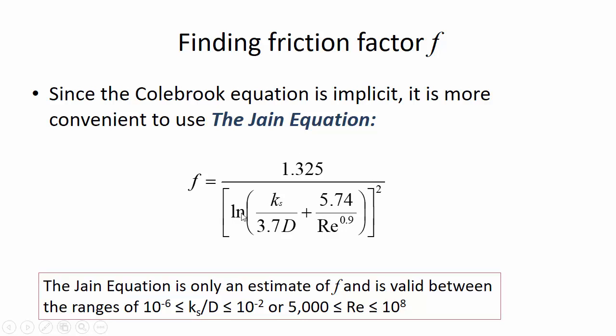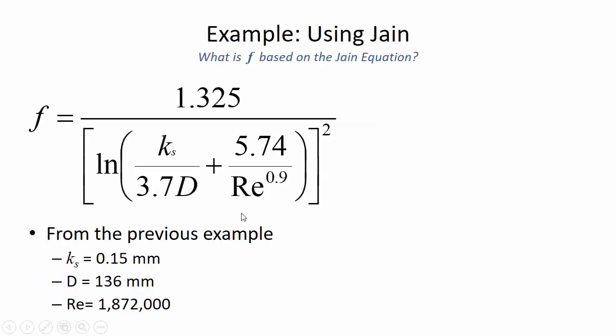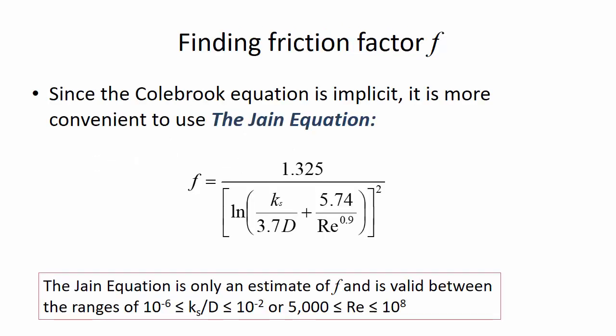So this is an important equation, and I'd like you to get some practice with it. Let's see how good it does under these conditions. First of all, is the Reynolds number within the acceptable range? It's from 5,000 to 100 million, and our Reynolds number is 1 million, so our flow conditions are within the acceptable range.